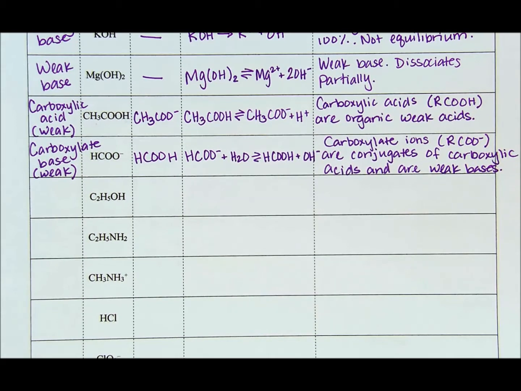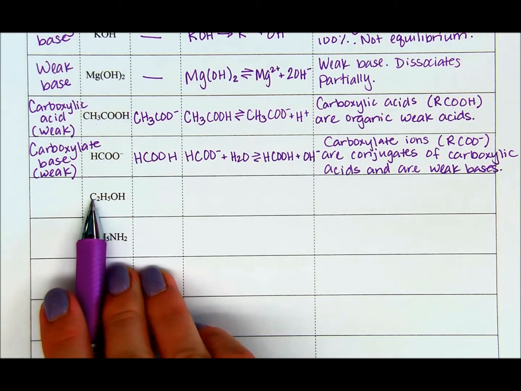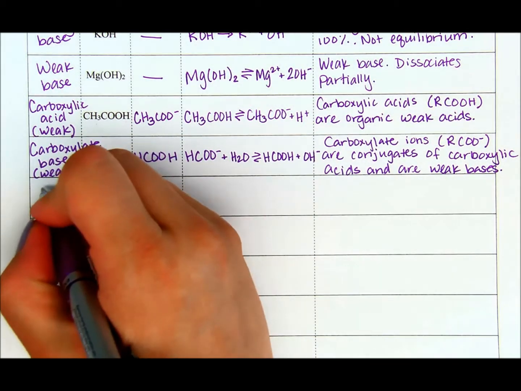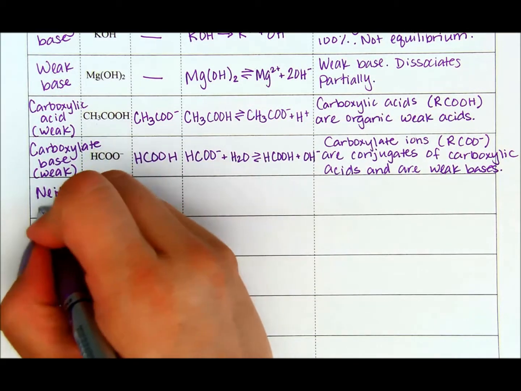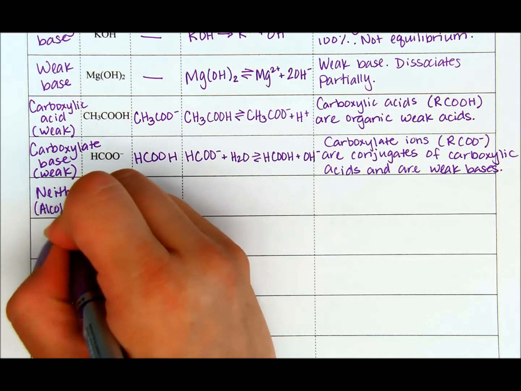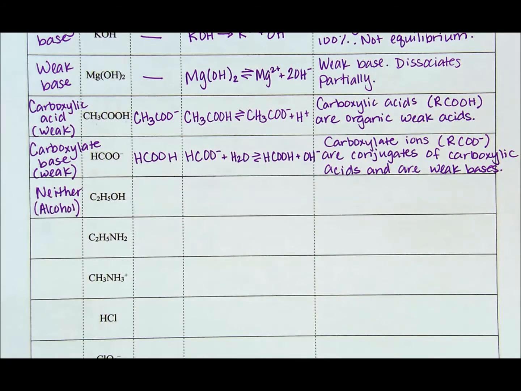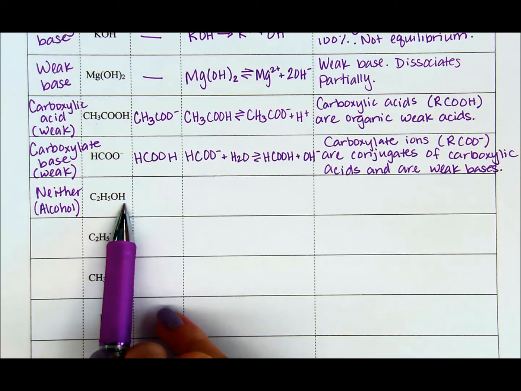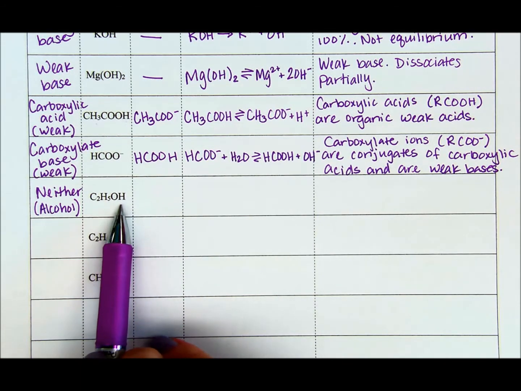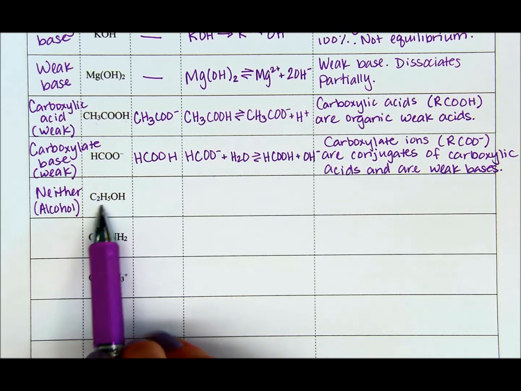C2H5OH. So this is actually neither. This is an alcohol. So this is an alcohol because you have a hydroxide on the end, and it might trick you into thinking it's a base. But it's covalently bonded to this organic group here.